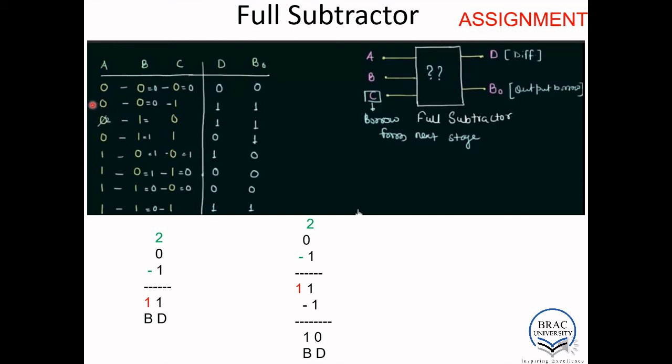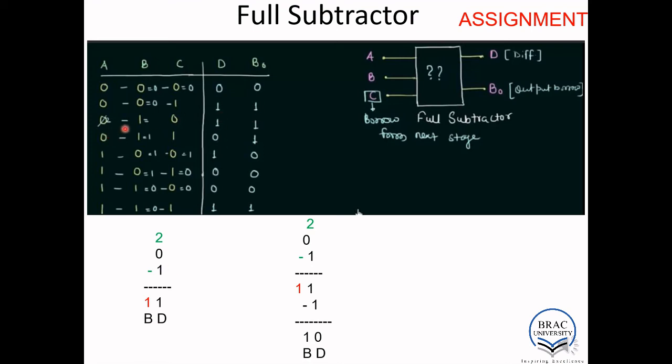So similarly, if you have 0 0 0, 0 minus 0 is 0, then again 0 minus 0 is 0. So your difference is 0, your borrow is 0. For 0 0 1, 0 minus 0, then 0 minus 1. So your B is 1, your difference is 1, and your borrow is 1. So 1 1.